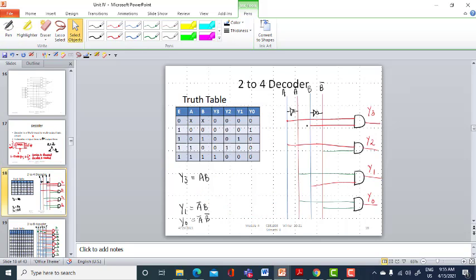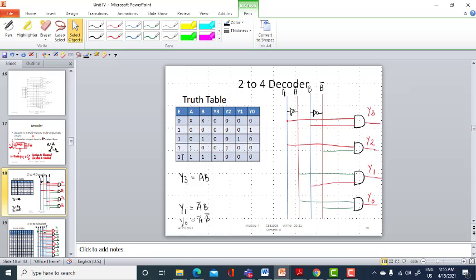So 2 power 2 is nothing but the 2 to 4 decoder. Assume that you have an enable signal and two inputs A and B. The possible input combinations will be 0 0, 0 1, 1 0 and 1 1. If your enable signal is 0, whatever the input combination, the output won't be active.